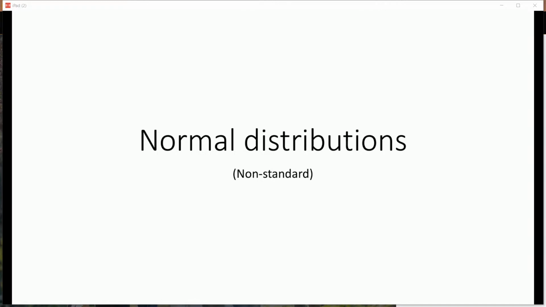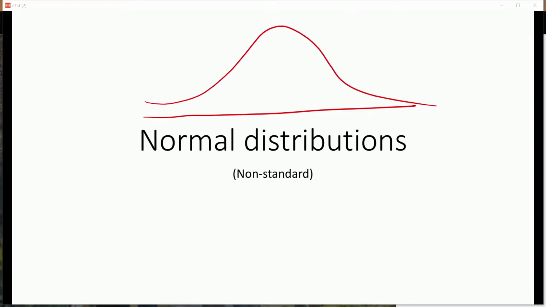So a normal distribution is this sort of gold standard for all of statistics, as we're going to learn probably after the break, or maybe next week. Every distribution, it doesn't matter if you have a binomial distribution or any weird distribution, you can turn it into a normal distribution. A normal distribution looks like this.